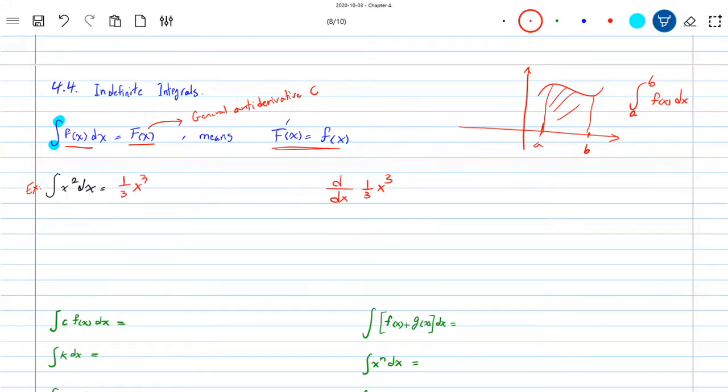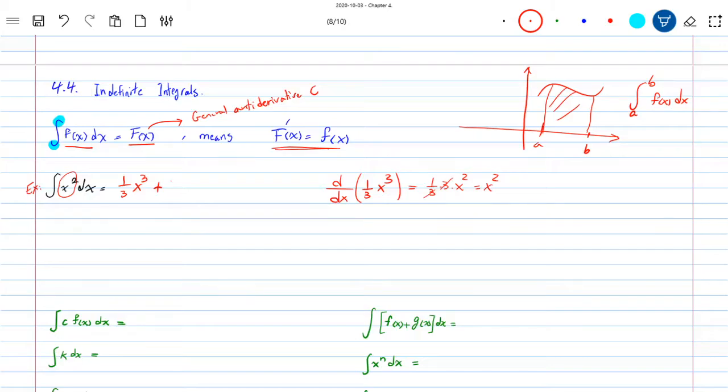What would be the derivative of that? You drag down the 3 and subtract 1 from the exponent. And what we get is simply x squared. We would get the f function, x squared. So basically 1/3 x cubed is an antiderivative.